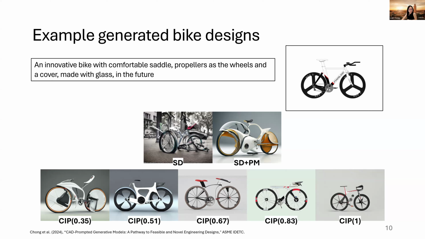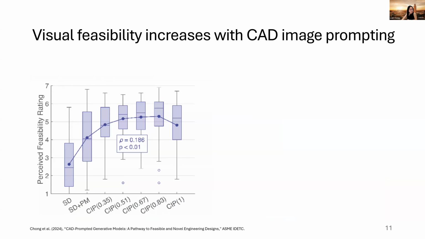And we wanted to formally evaluate the novelty and the visual feasibility of these images. So some of the results from this work show that visual feasibility indeed increases with CAD image prompting. And here I want to point out that SD represents stable diffusion.